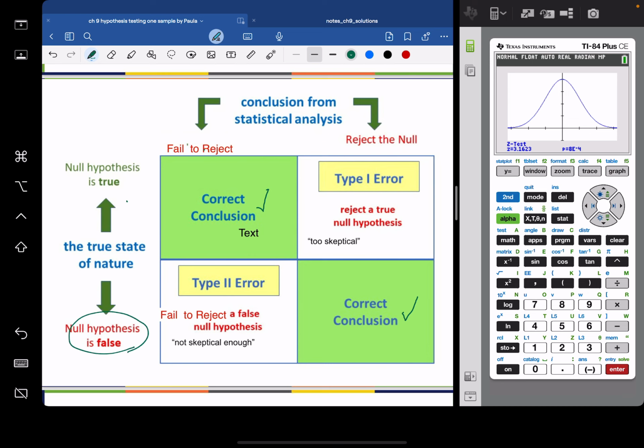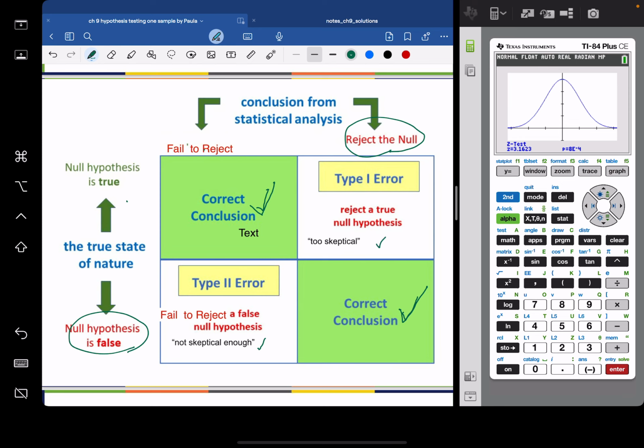So I'm looking at this and saying, yes, we want to be either here or here. But what if the null hypothesis was true and I rejected it? Then I was too suspicious. Or what if the null hypothesis is false and I failed to reject it? Then I made a type 2 error.